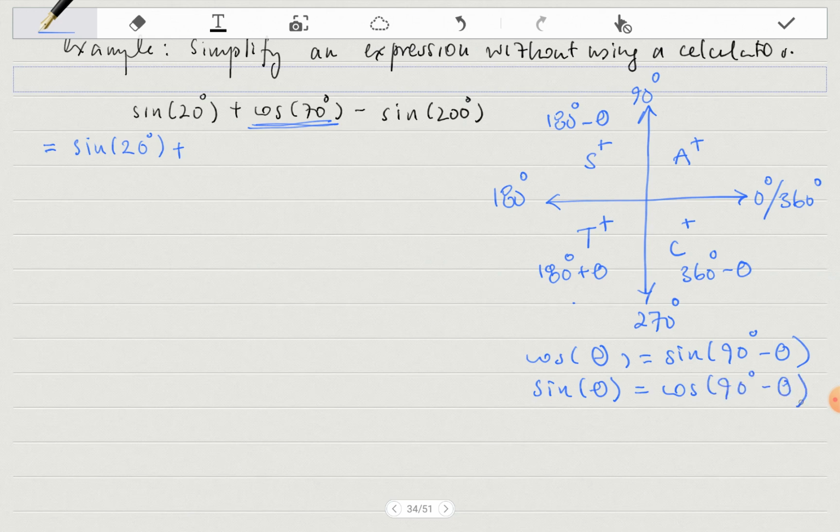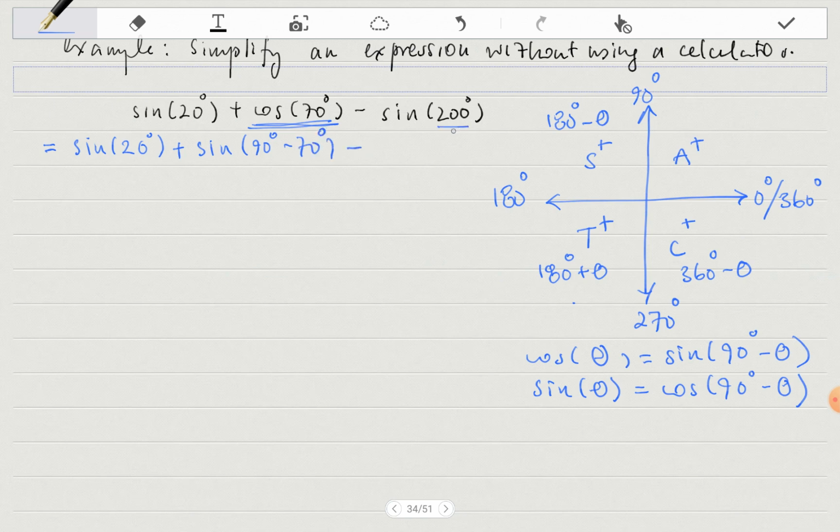So you get the idea: sine 45 is equal to cos 45. So cos of 70 is just going to be sine of 90 minus 70, and then that's going to be minus.